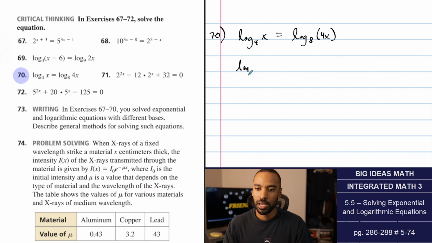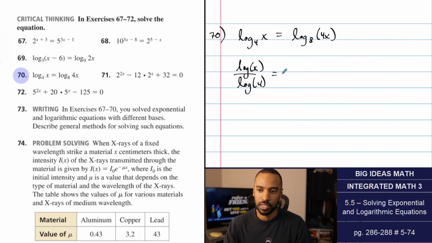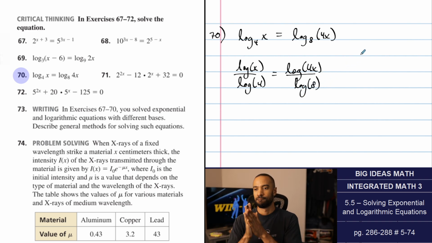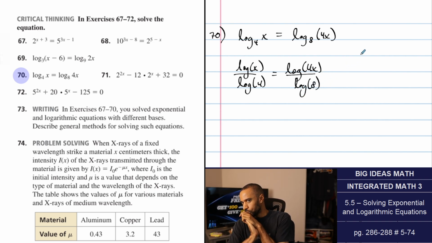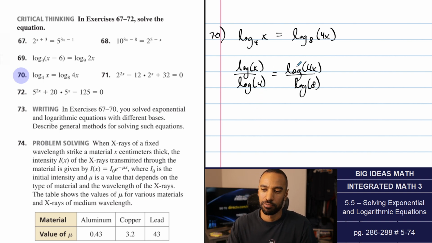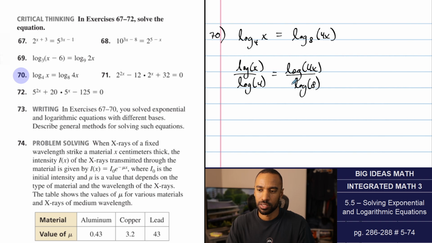If I do log of x over log of 4, I'm still going to try it this way. The difference is log of 8 over log of 4 is not clean. Equals log of 4x over log of 8. Let's divide the x, multiply the 8.